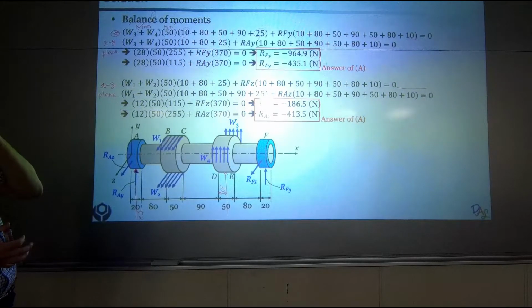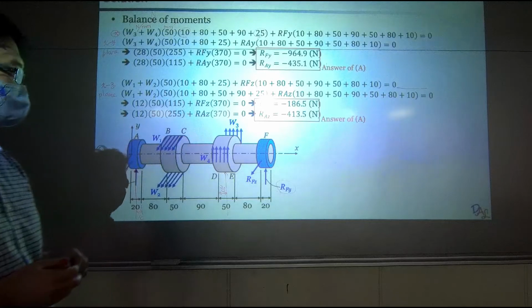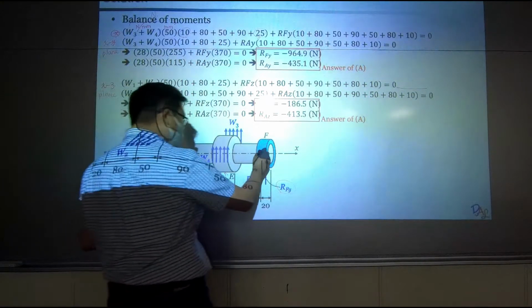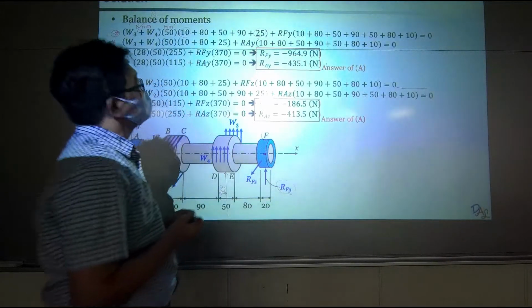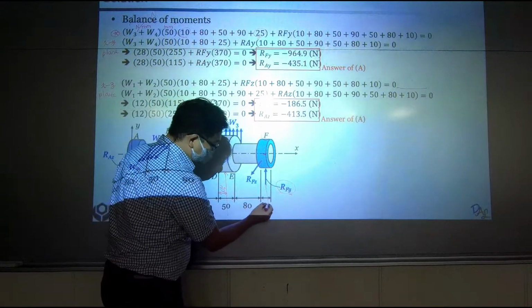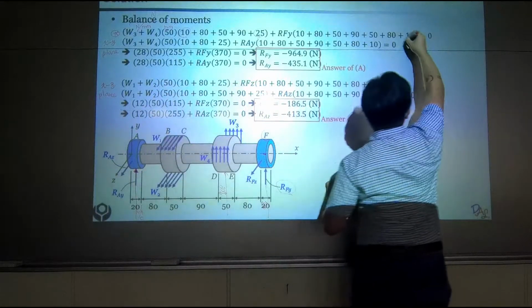And RFY would be this one, the reaction force at point F along Y direction. And the distance will be just over here, this one is 10. Half, okay? So that's why this is 10.